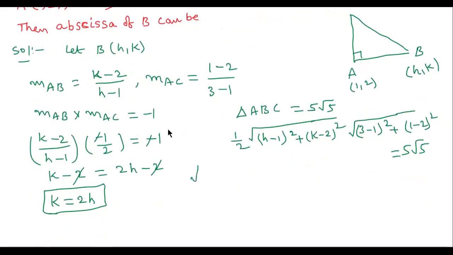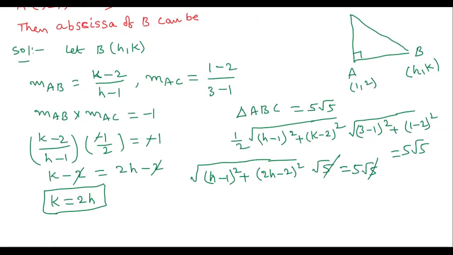And observe here, under root H minus 1 whole square and K minus 2 whole square is there. First write this, H minus 1 whole square plus, in place of K, substitute 2H, 2H minus 2 whole square, into, here 3 minus 1 whole square means 4, 1 minus 2 whole square means 1, totally that is root 5, that is equal to 5 root 5.